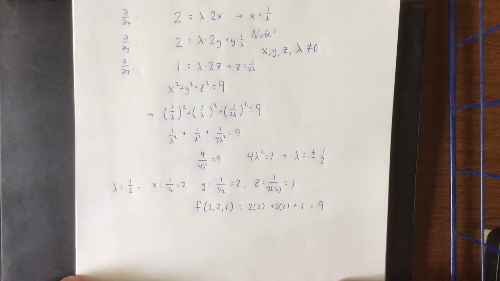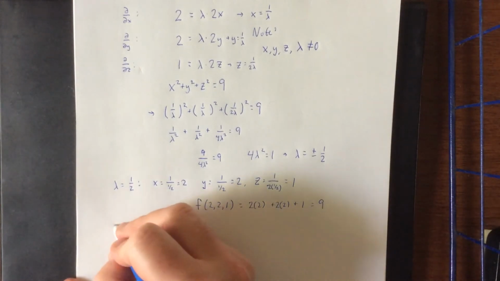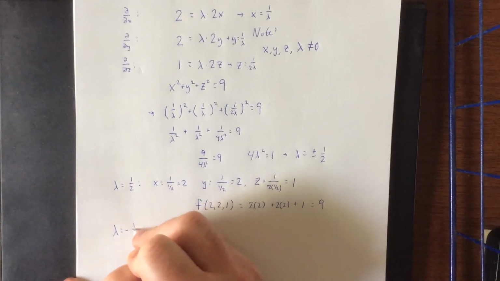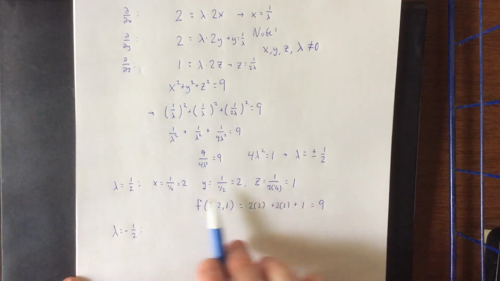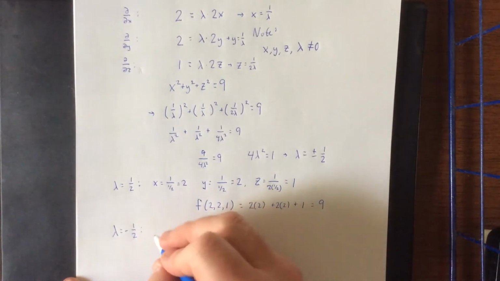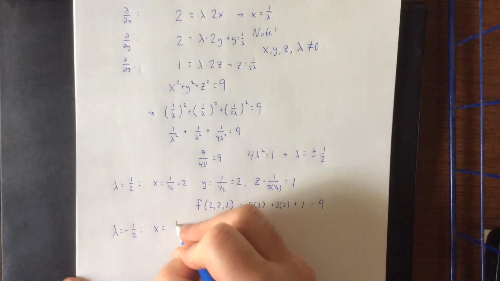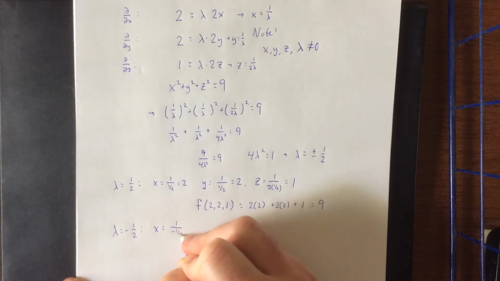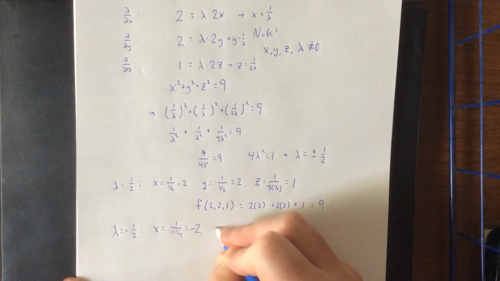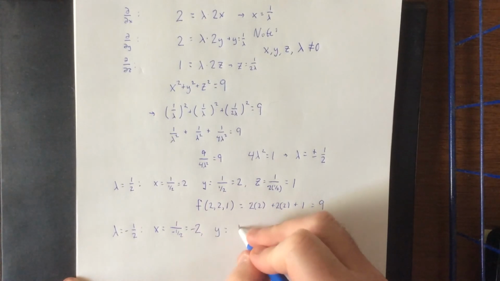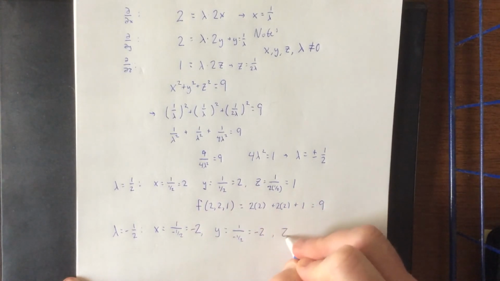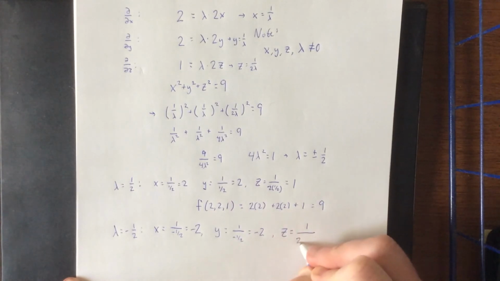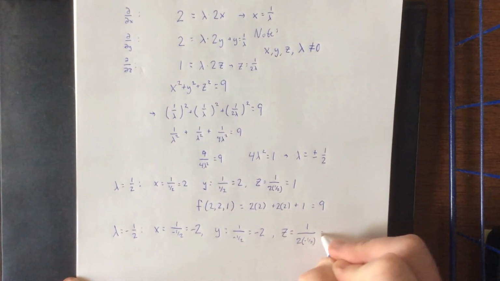We're going to demonstrate why this is maximum by plugging in lambda is equal to -1/2. Actually, all of the algebra turns out exactly the same with the difference that each of these values is now going to be negative. So we'll get x is equal to 1 over -1/2 to give us -2. Y is equal to 1 over -1/2, which gives us -2. And z is going to give us 1 over 2 times -1/2, which gives us -1.